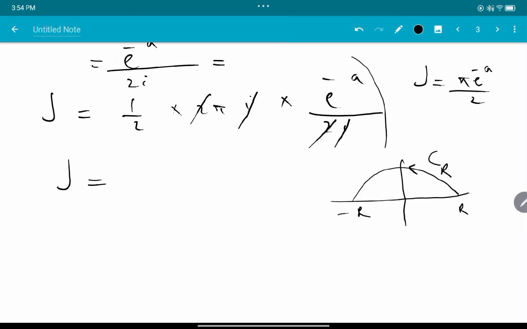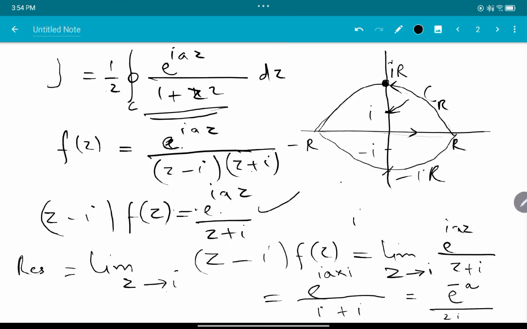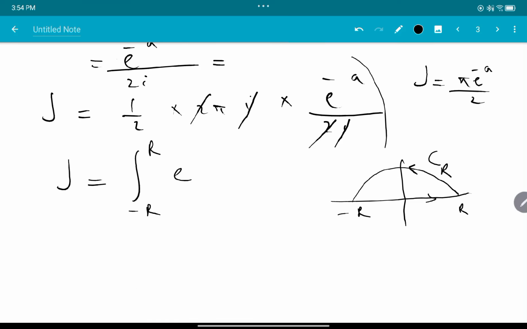j can now be decomposed into two. One is a real integral from minus r to plus r, that is 1 by 2 e raised to I a x divided by 1 plus x square dx, along the real axis, where it will be x.